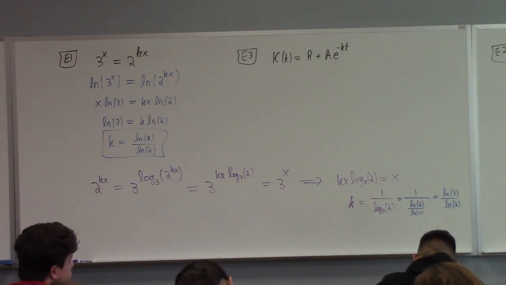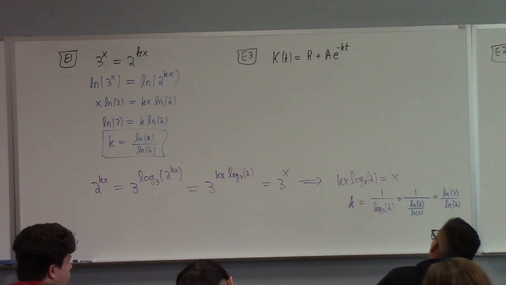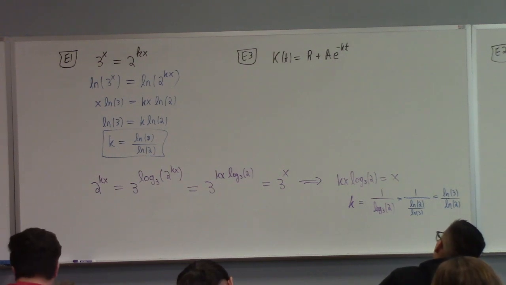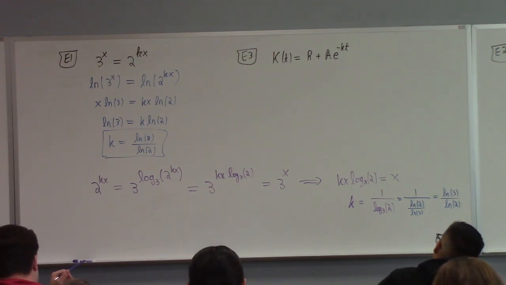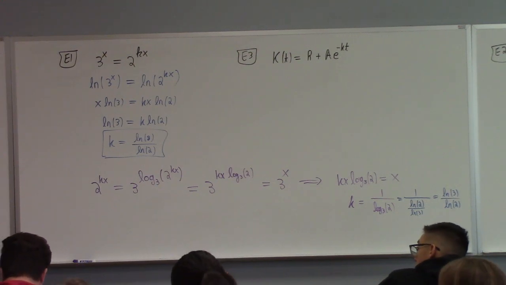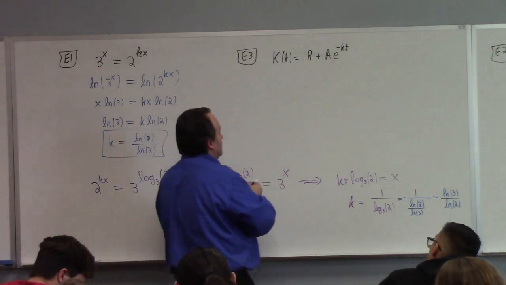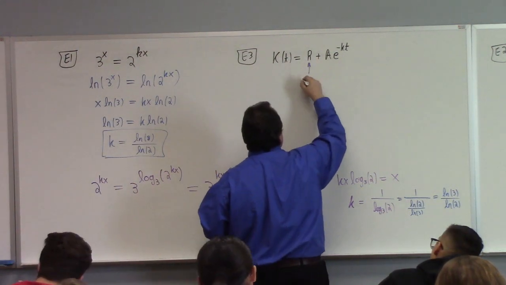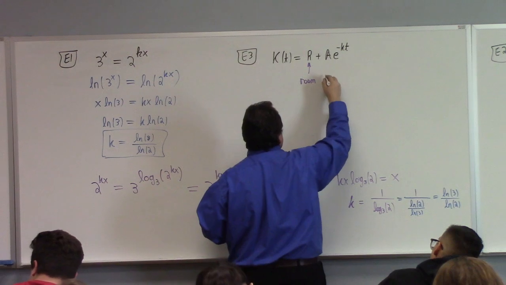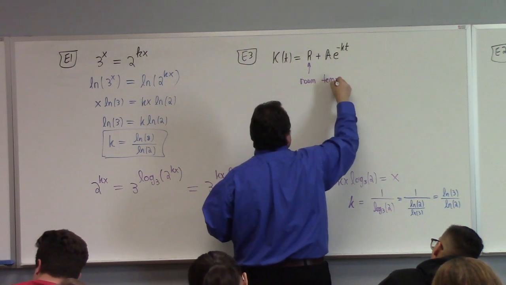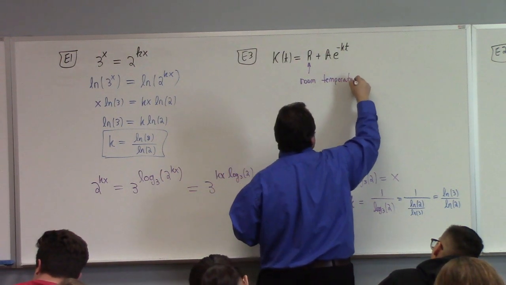Well, the A e to the minus KT term goes to 0. So the temperature just goes to room temperature as T goes to infinity. So the significance of this constant here is room temperature, or sometimes the ambient temperature.